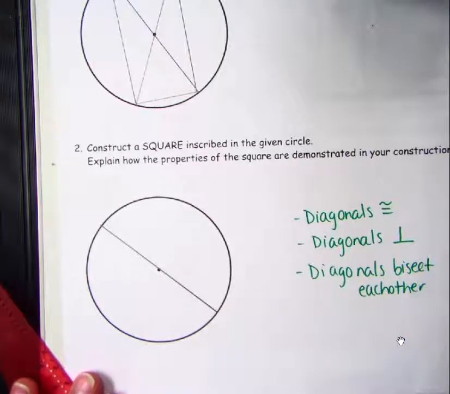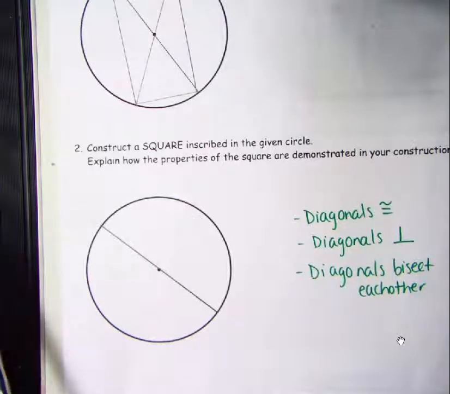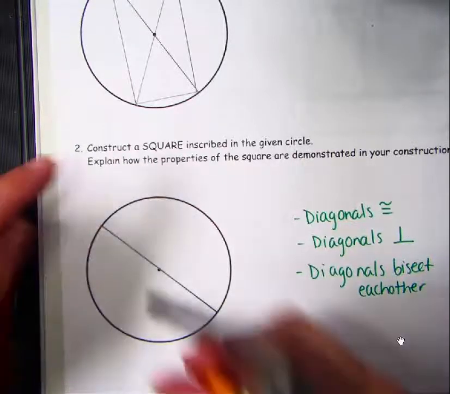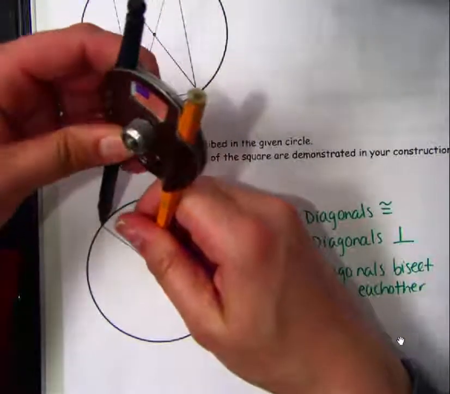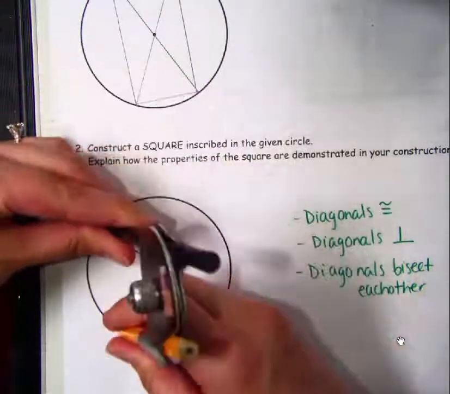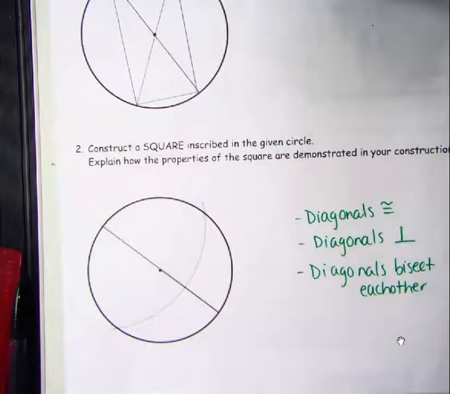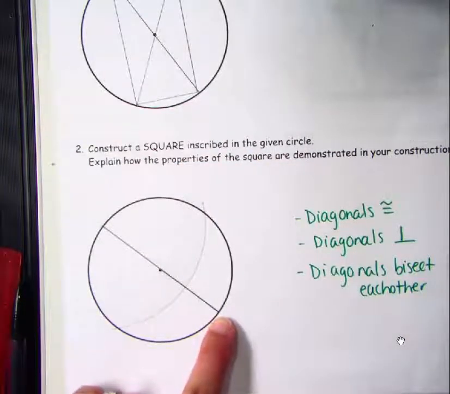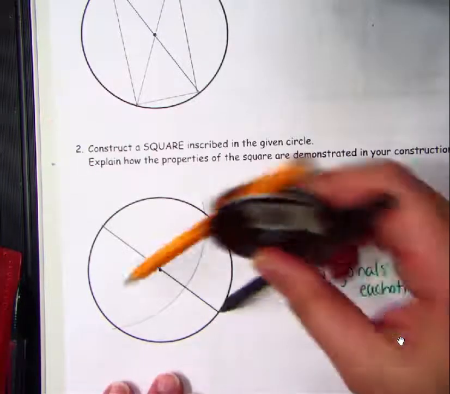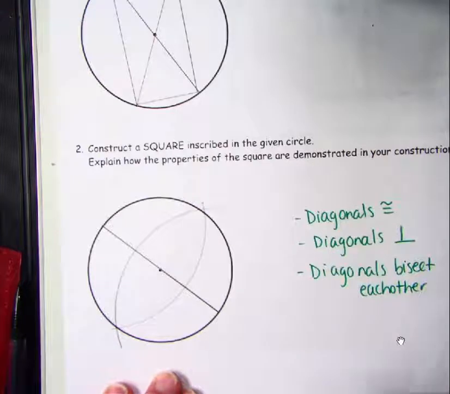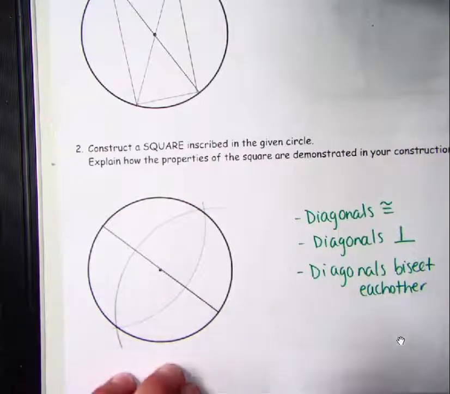That should make you think of our perpendicular bisector construction. So grab your compass, put your compass on one end of this diameter, go a little bit more than halfway, make your first arc, go to the other end of your diameter. That is my perpendicular bisector construction.